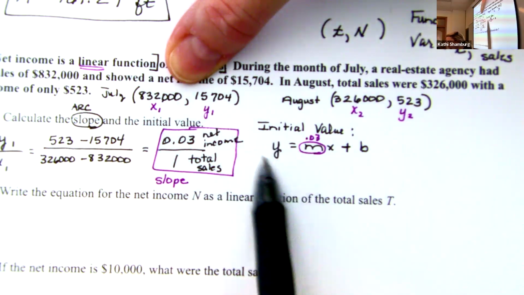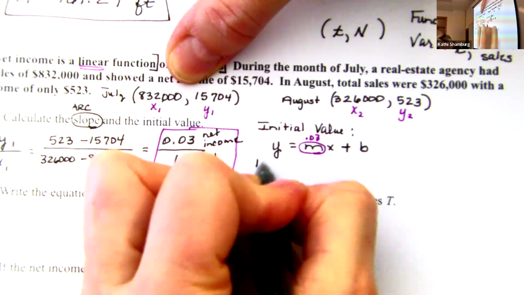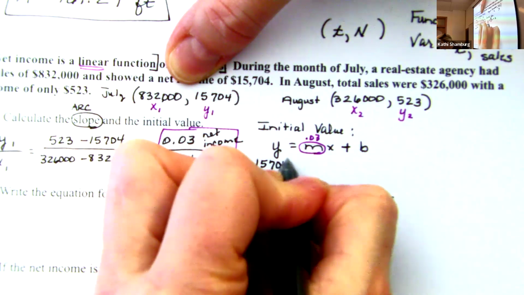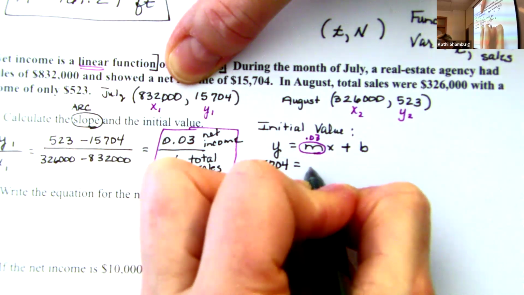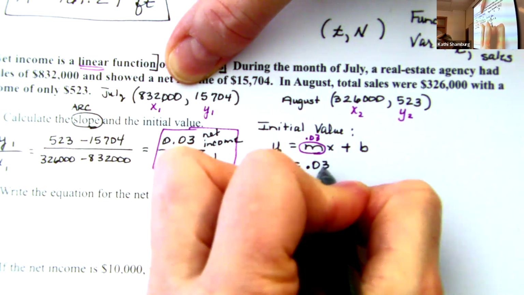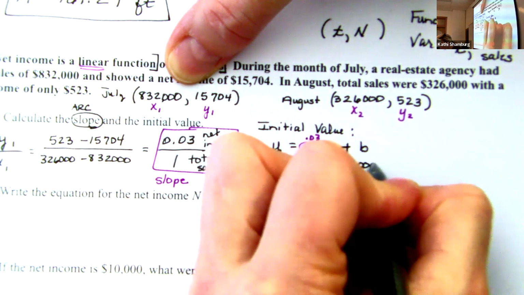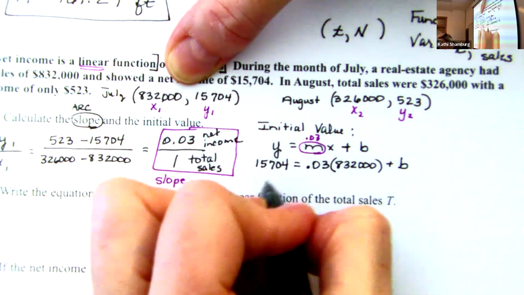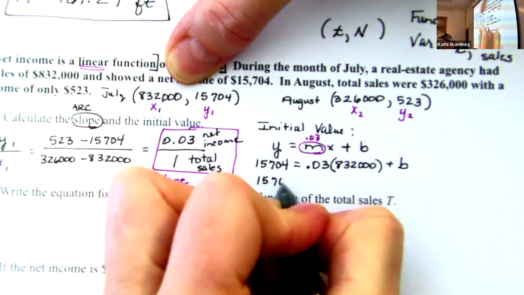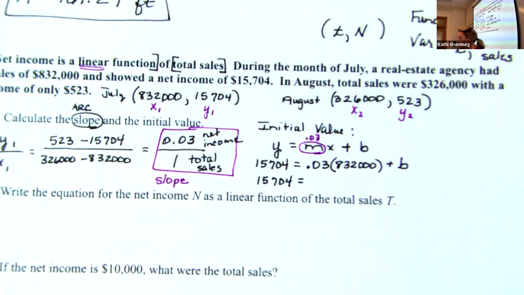So in place of Y, I'm going to put 15,704. And then in place of M, I'm putting 0.03 times X, 832,000 plus B. So I have 15,704 equals, so now I'm going to take 0.03 times 832,000.